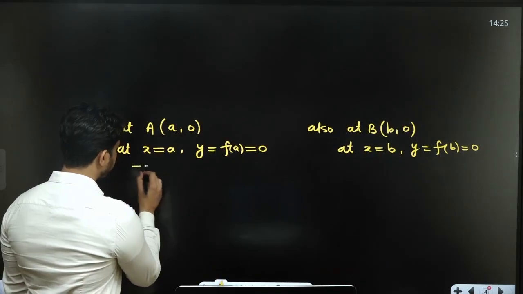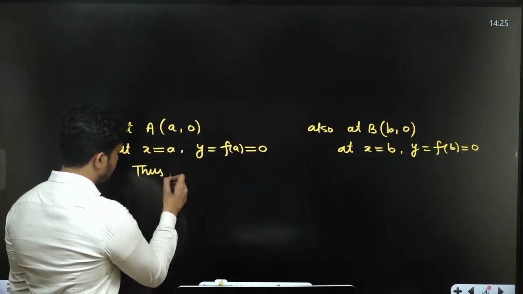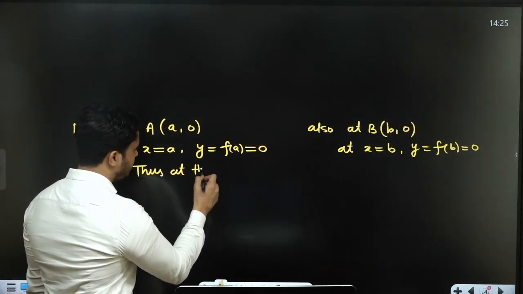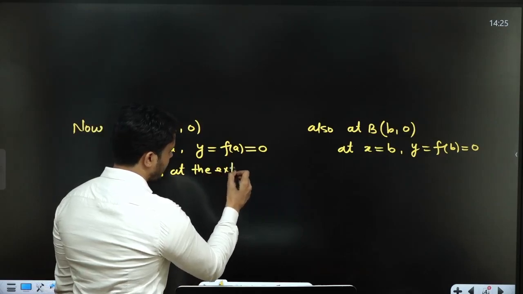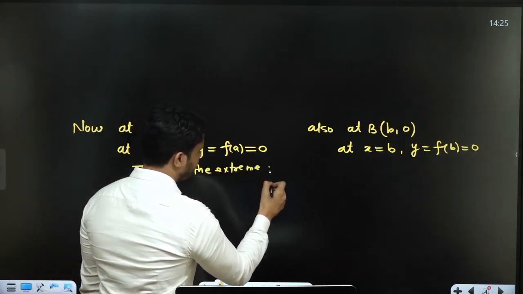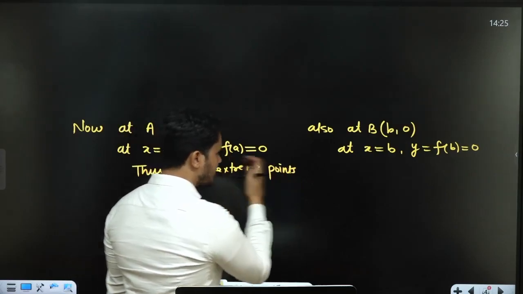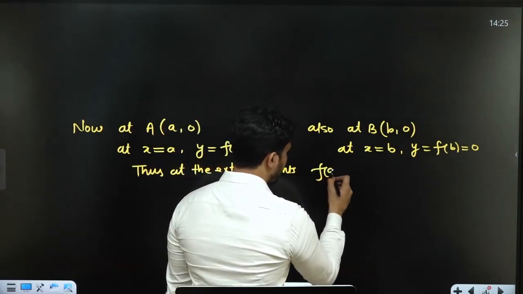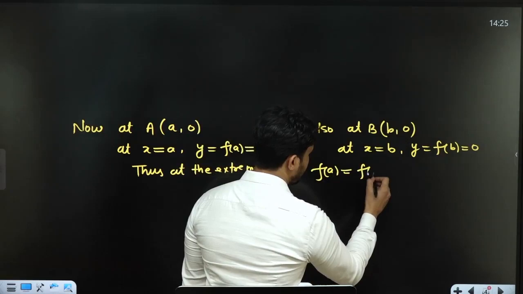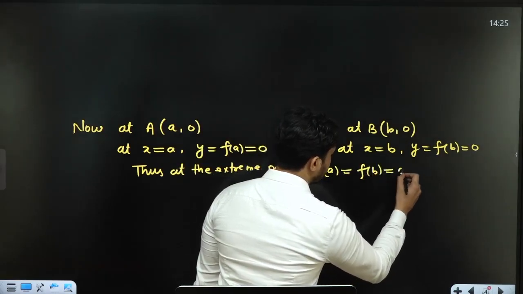Thus at the extreme points, f(a) is equal to f(b) is equal to 0.